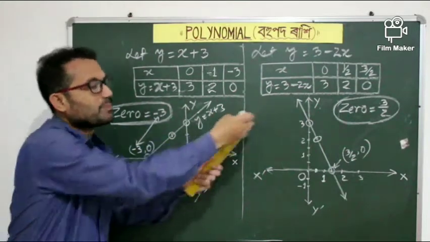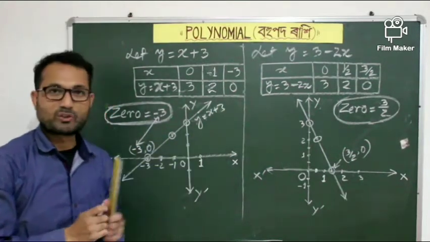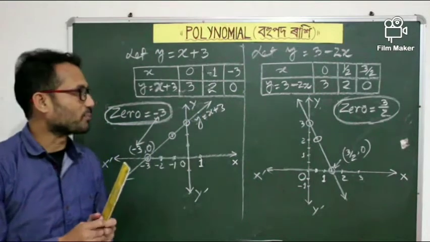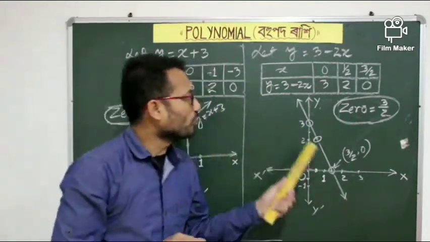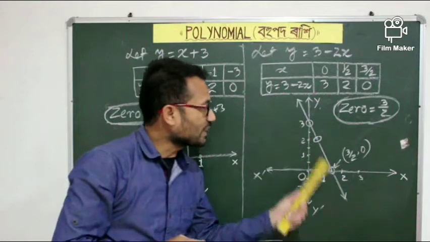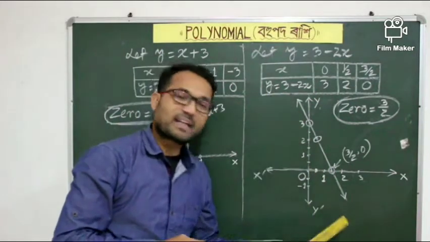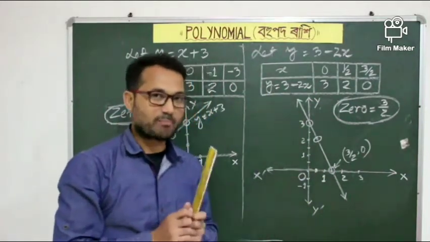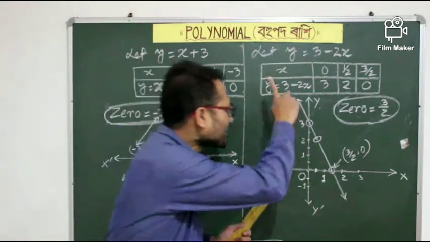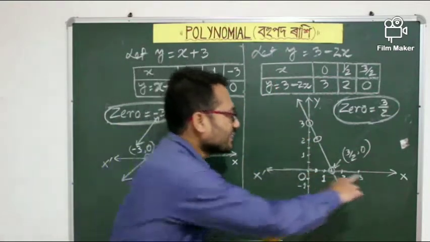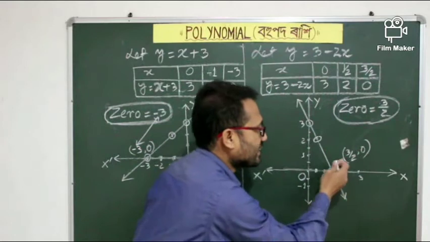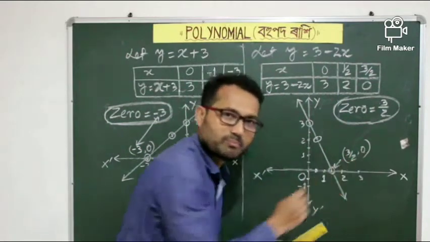Okay, now let me go to the next polynomial, the second polynomial. দ্বিতীয় যেটো বহুপদ ৰাশি তাৰ যেতিয়া আমি লেখ অংকন কৰিলো, সেয়াও এডাল সৰল ৰেখা অৰ্থাৎ straight line পালো, and that straight line also intersects the x-axis at the point (3/2, 0).